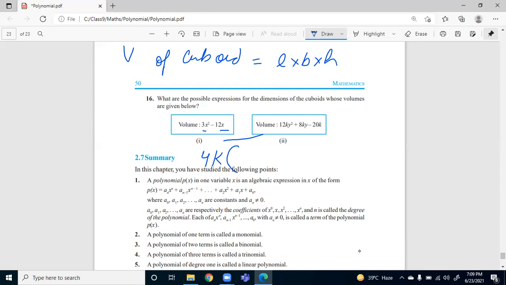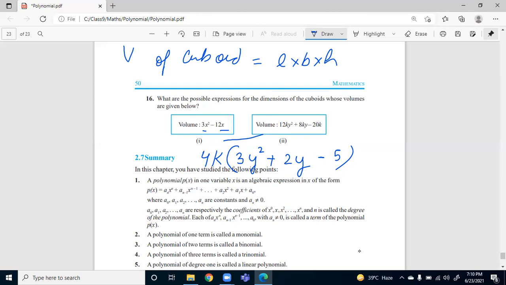So when you look at the first term, I can write it as 3 into y square plus 2 into y minus 5. So you can see in the bracket, you can find a quadratic.